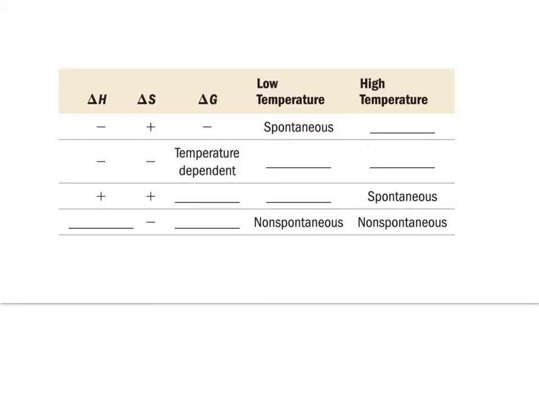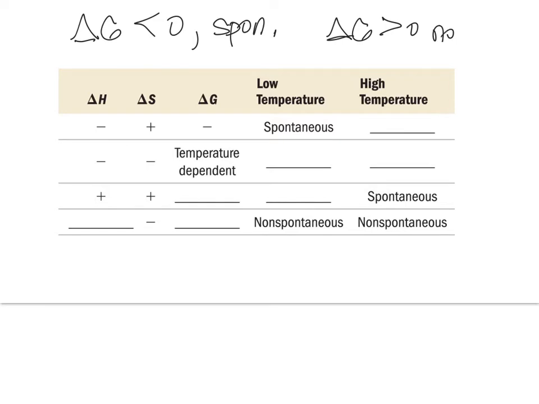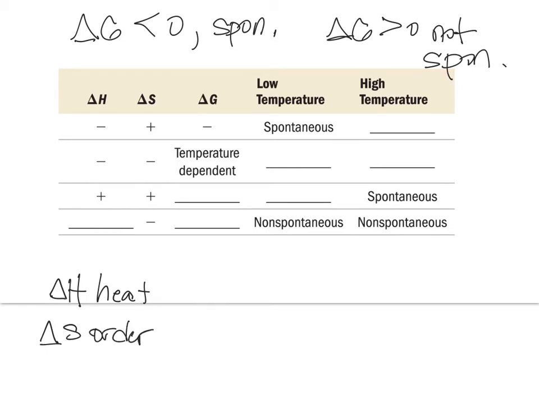To begin, let's sum up the relationship between delta H and delta S. We know that when delta G is less than 0, the reaction is spontaneous. If delta G is greater than 0, it is not spontaneous. It is made up of two components, delta H, which is the heat of the reaction, and delta S, which has to do with the order of the reaction. And so we have either endothermic or exothermic reactions.